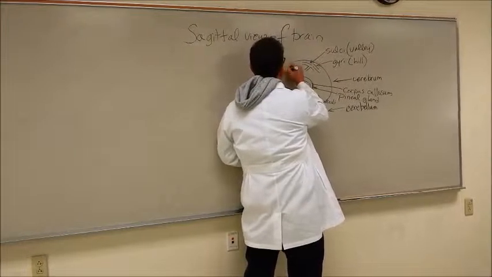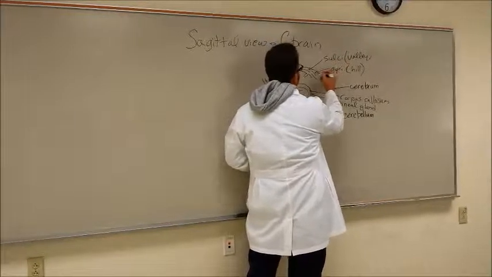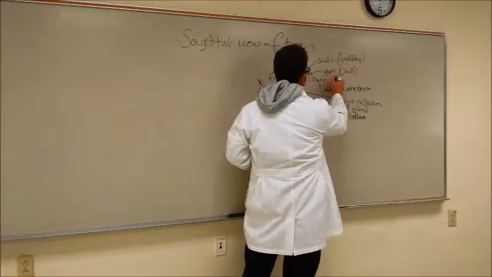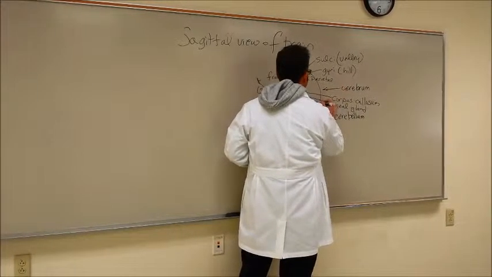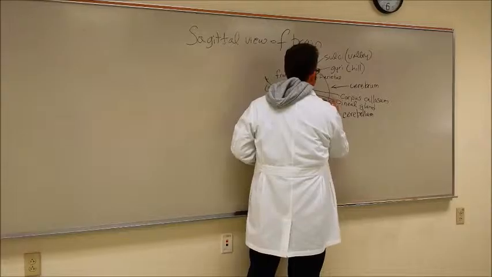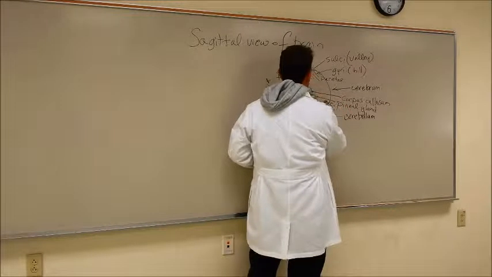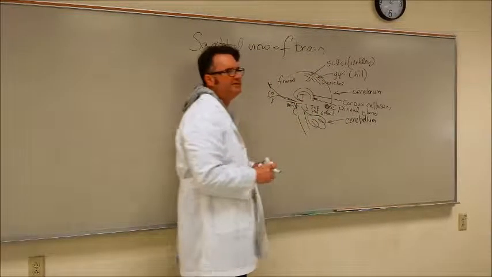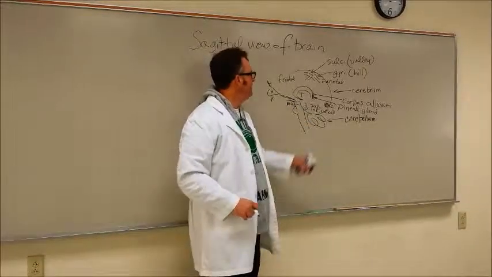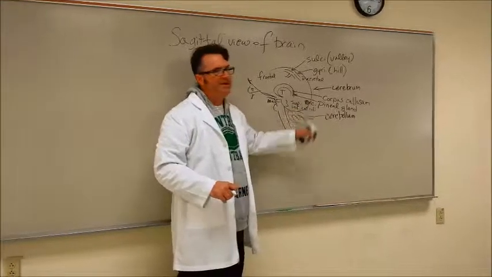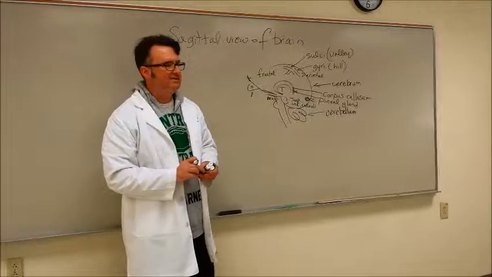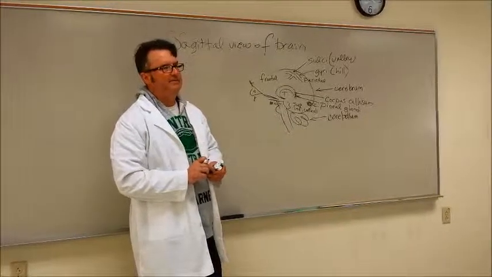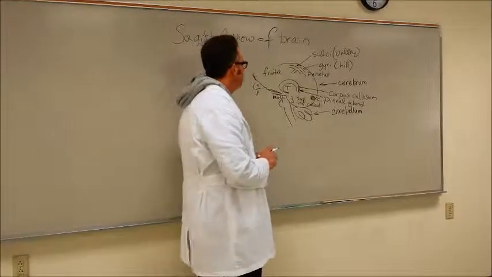We have the frontal lobe, we have parietal, we have occipital, and then on the side of the brain we have the temporal. So the superior and inferior colliculi of the midbrain help process information that is interpreted in the occipital lobe in the back of your head.